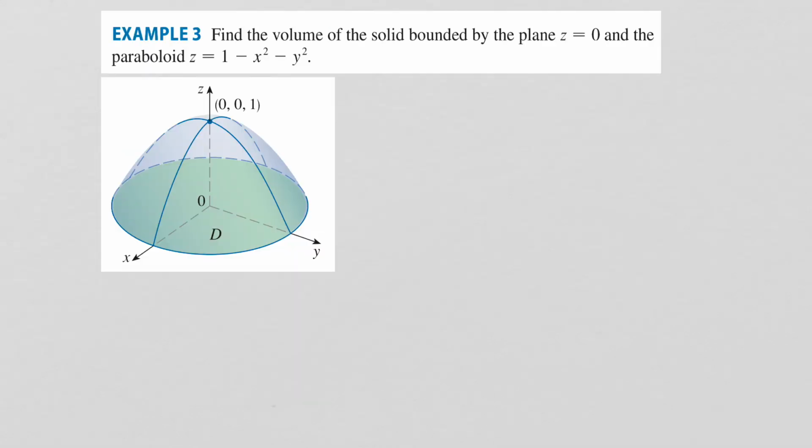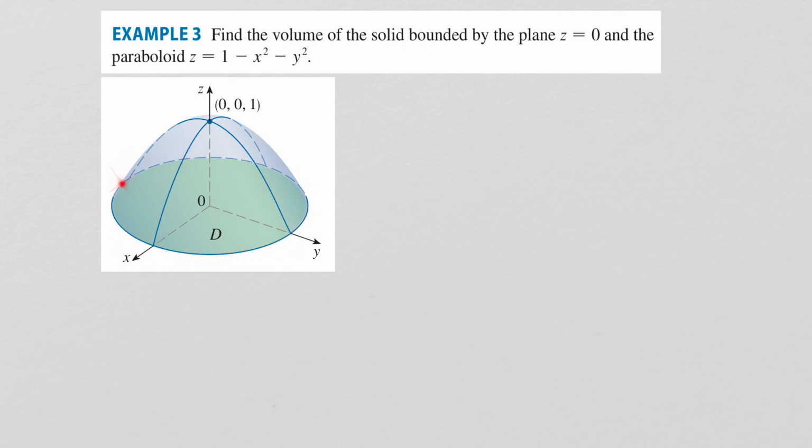In our next example, we wish to find the volume of the solid bounded by the plane z equals 0, which is just the xy plane, and the paraboloid z equals 1 minus x squared minus y squared. So here's the graph of our function z equals 1 minus x squared minus y squared. What is the domain down below? It appears to be a circle, but we need to describe it precisely.